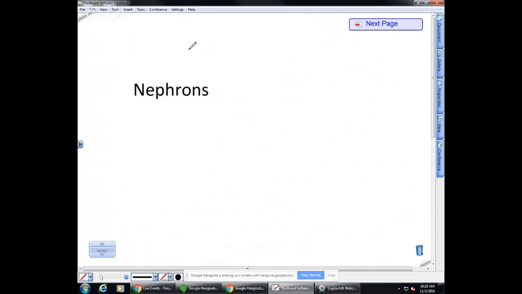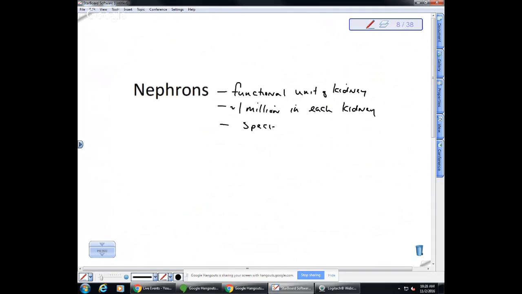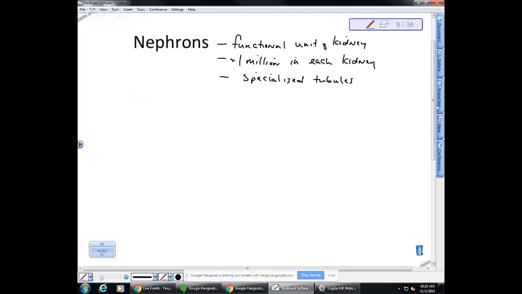Okay, so the nephrons. The nephrons are the functional unit of the kidney. And there's about 1 million in each kidney. And they are specialized tubules. So if we look at the first part of the nephron, we have the glomerulus.